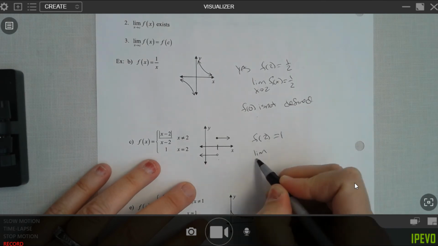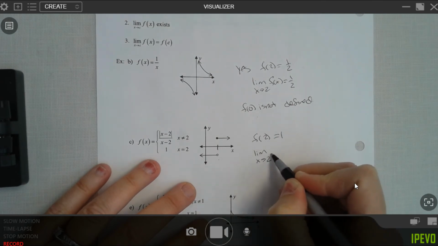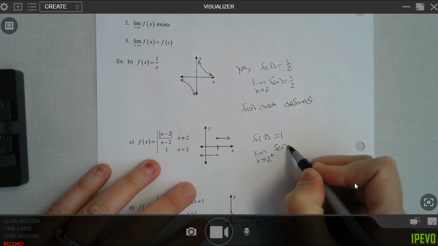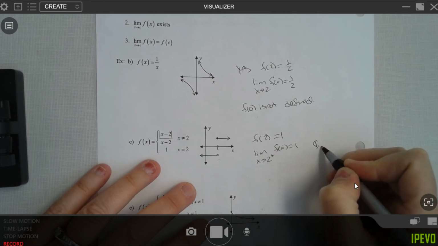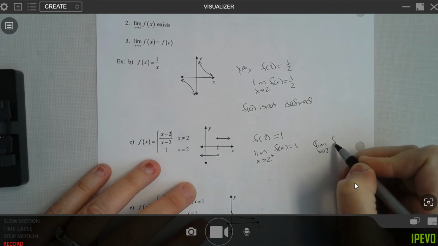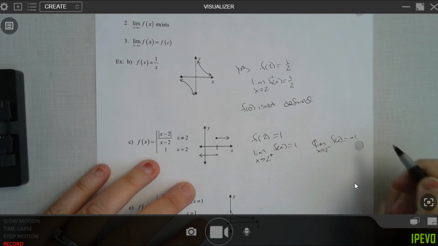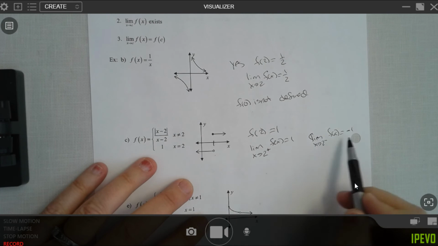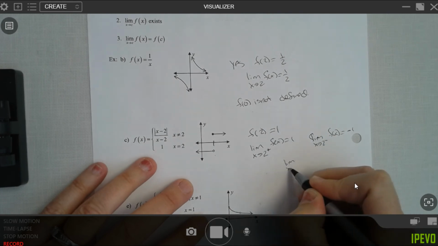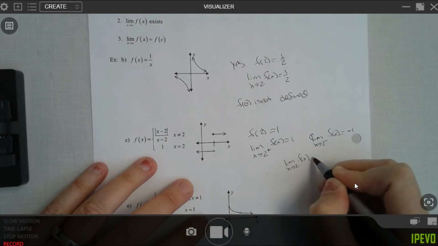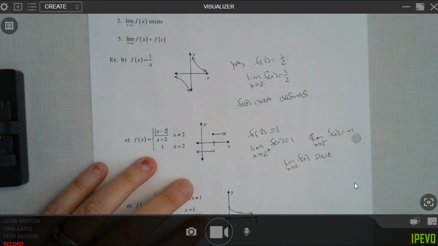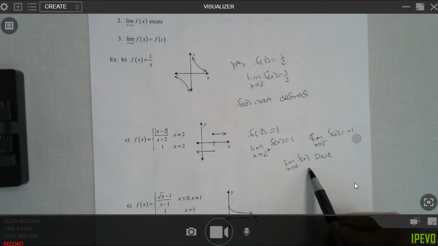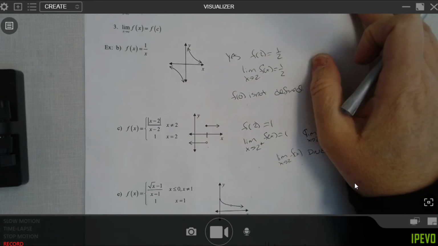But if I do the limit of 2 from the right, I get 1. But the limit as we approach 2 from the left, that equals negative 1. So these two aren't the same. So the limit of f of x does not exist. And this is a formal definition of how you would show it.